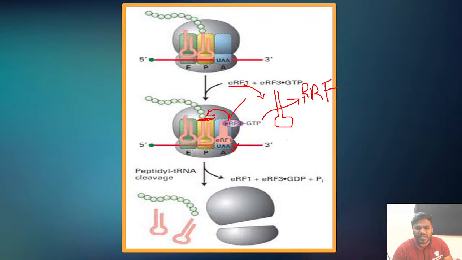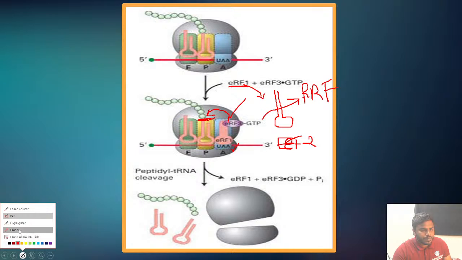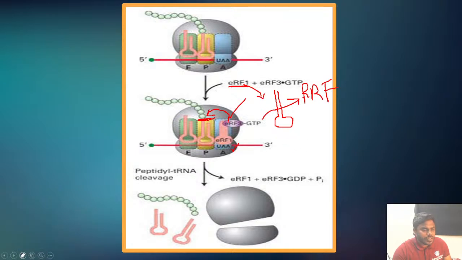Very simple, right? Now, who will do this? This can be done by what we discussed, friends, the EF2 GTP molecule. EF2 GTP is the one which is involved in the translocation.